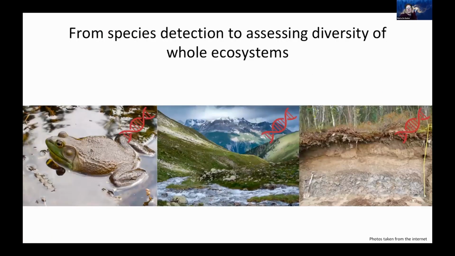So I will give now some examples, starting from the simple detection of single species to the detection of many species to describe biodiversity in ecosystems.